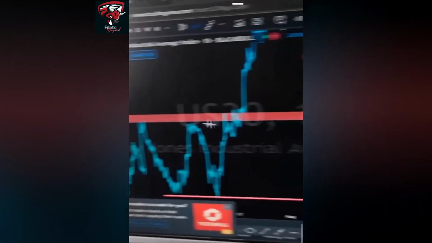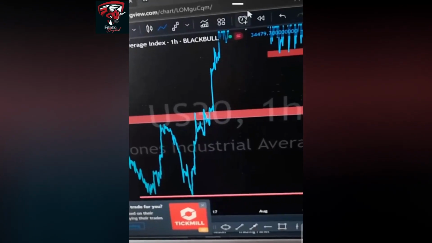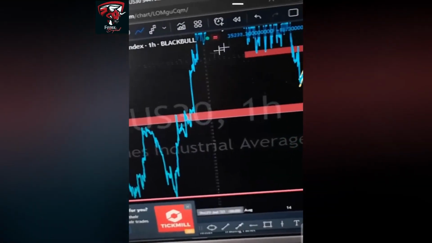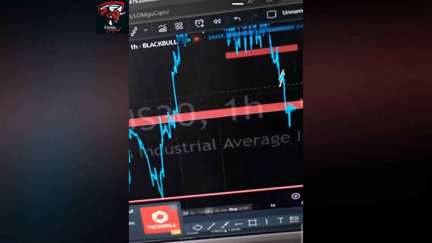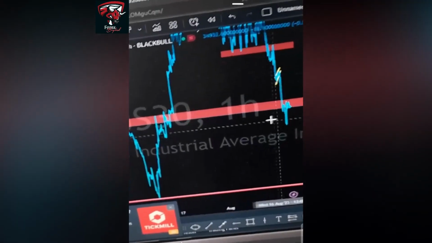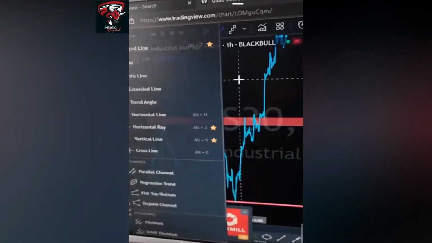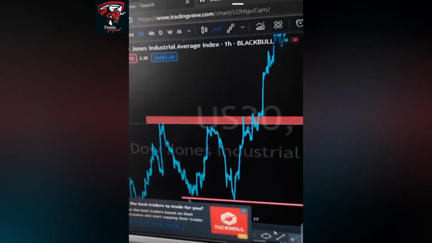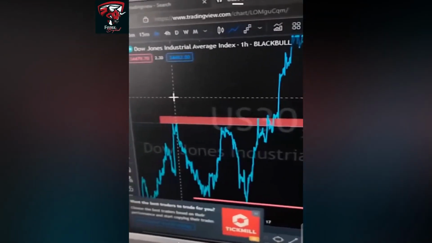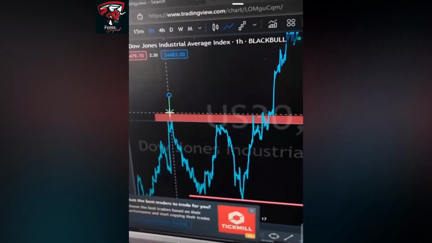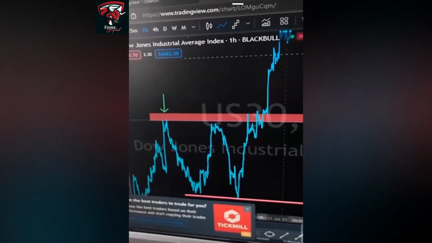It was a resistance, it became support here, then you have a bullish market, right? That market came back here. We broke the support. So a broken support becomes a resistance. So let's look at that resistance right now. This is no longer a support but a resistance, right? First of all, we have that first touch right there. Confirmation, right?